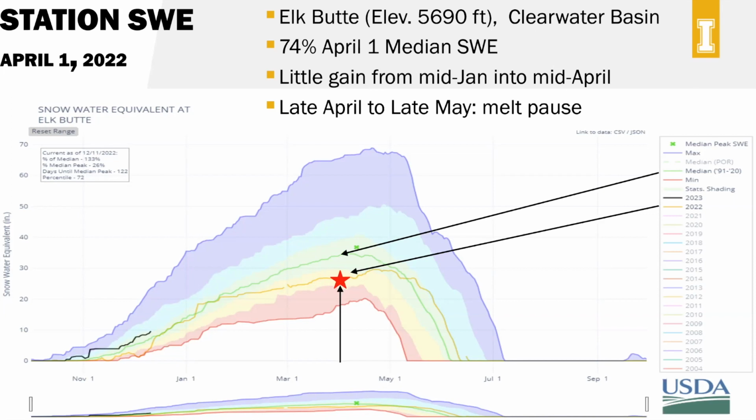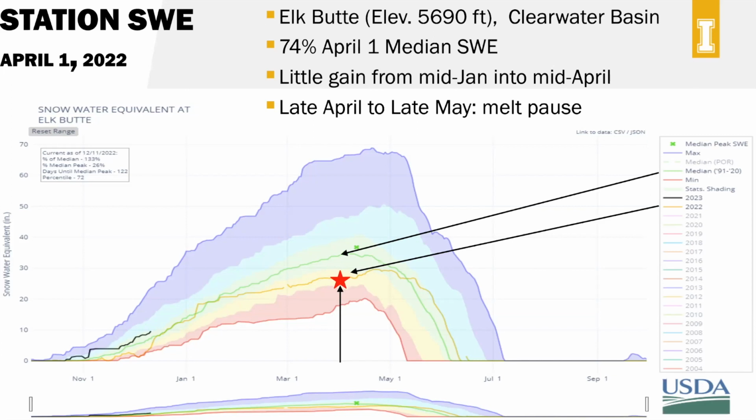And this kind of shows a little bit of how we got to where we were on April 1st last year. The star shows the value of that curve on April 1st. It was about maybe 26, 27 inches of snow water equivalent on that day, compared to about 35 or 37 inches of snow water equivalent that represents the median for that day. And to see how we got there, if you look back to early January, we were doing okay back then.